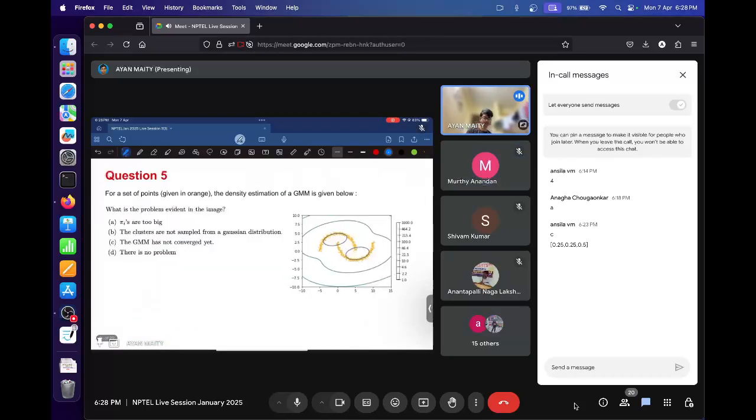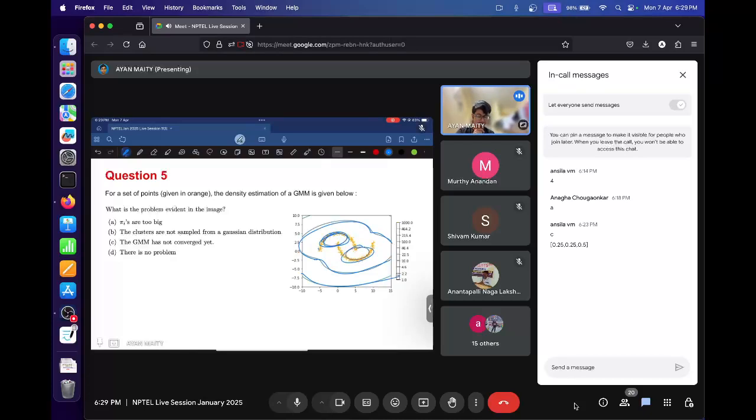So now question 5. For the set of points given in orange, these are the different points given in orange color. The density estimation of a GMM is given below. So the density estimation of GMM forms these contours. These contours are formed by the GMM model. So it basically means this is like one cluster, this is another cluster.